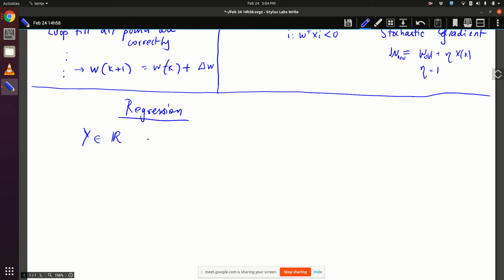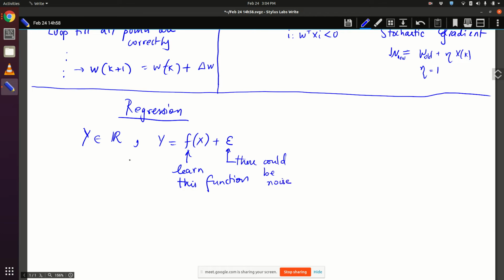Suppose y is equal to some function of x plus a possible noise epsilon. This function is unknown and we would like to learn it. Epsilon is just saying that there could be noise. So this is the goal of the regression problem.